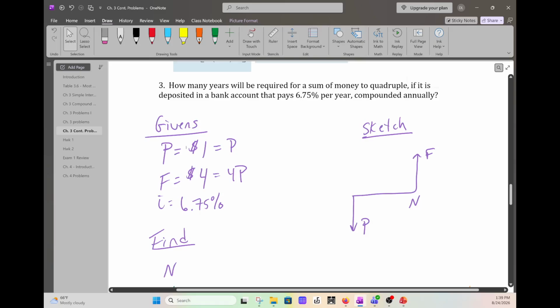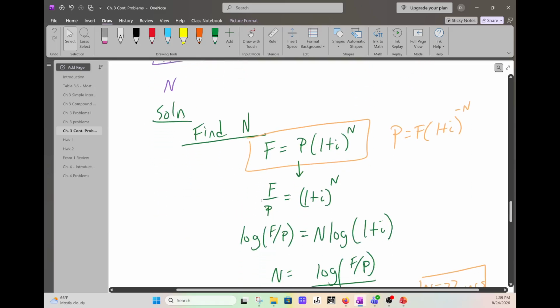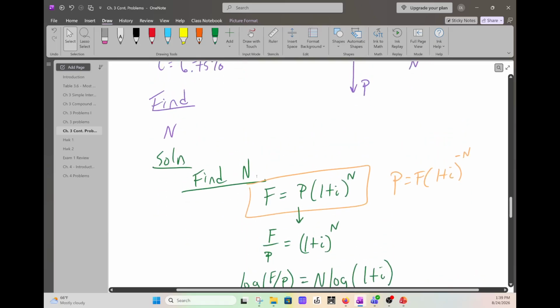So just for sakes, I'm assuming P is $1 and F is 4, right? That's a quadruple. So P is P and F is 4P. So looking for N. Go here. We need to find N.